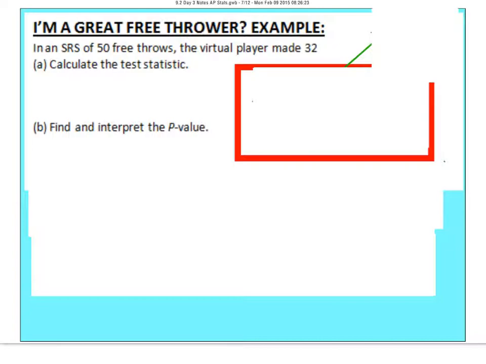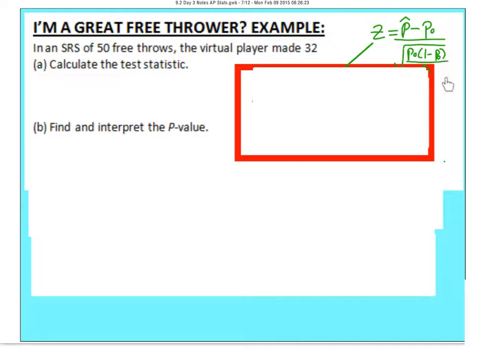Based on what I said, if we go back to the free throw example, the standard formula for the test statistic is this. We are doing a proportion, so it's a z-test, and we take the statistic p hat, minus the hypothesis p naught, over the standard deviation using p naught.